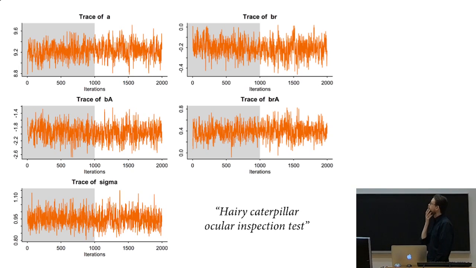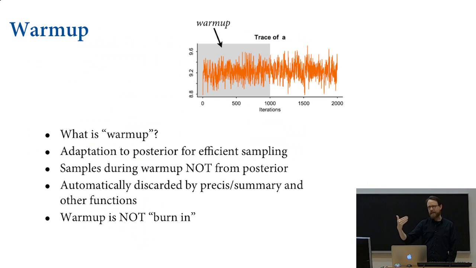Okay, what is warm-up? Warm-up is the period during which the NUTS algorithm, the no U-turn sampler, is adapting the step size. It is figuring out how to efficiently explore this target. It's not drawing samples from the posterior distribution yet. It's a complicated artificial intelligence that is trying out proposals and tuning the acceptance rate.